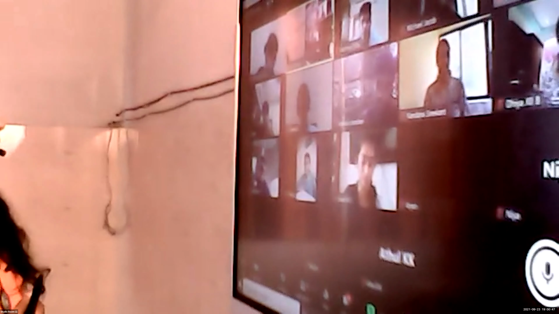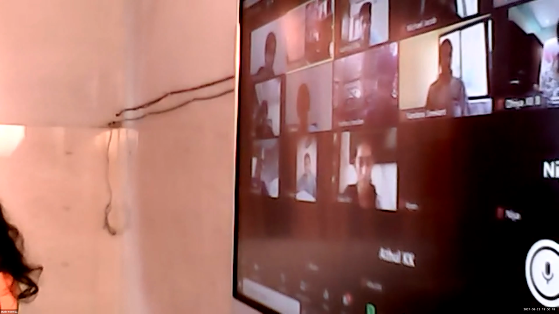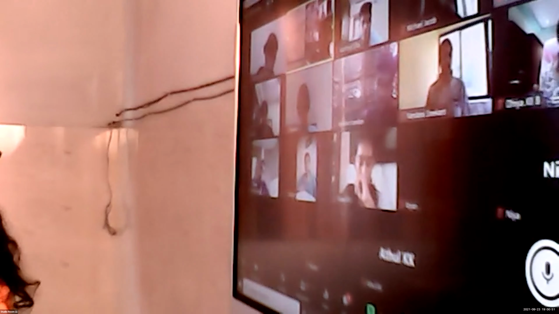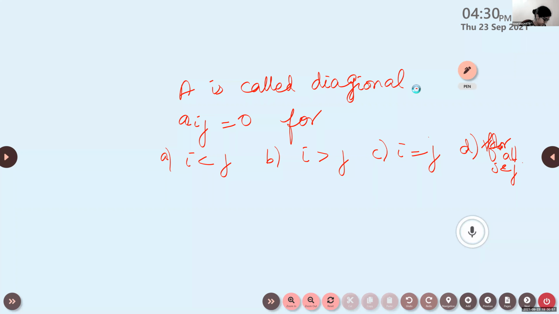What is the answer? For which entry will you get 0? i equal to j. Aij is 0 for... here A is possible, B is possible, isn't it? When i and j are equal, it will become a non-zero entry.